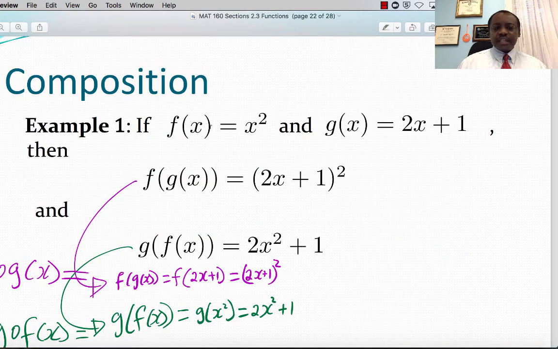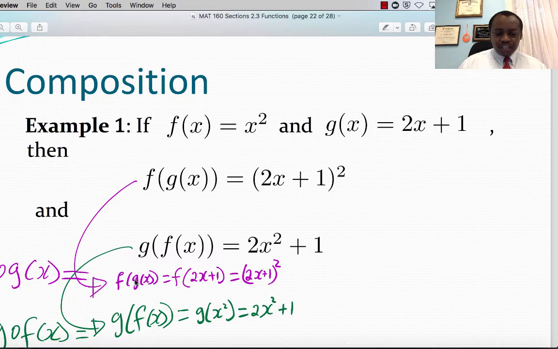Okay, let's take another example. Define f of x as x squared and g of x as 2x plus 1. Assume A, B, and C, all the domains and codomains, are properly defined. So let's go ahead and compose f and g. So f composed with g of x equals f of g of x, and that equals f of, what is g of x? g of x is 2x plus 1.